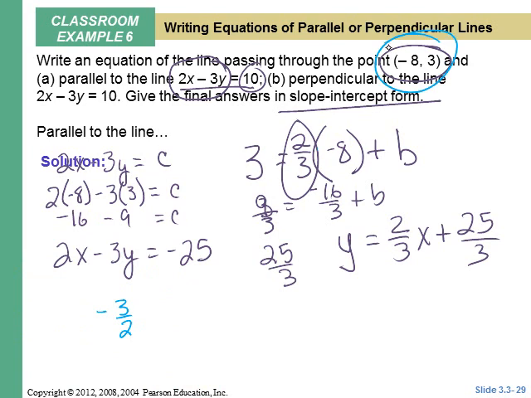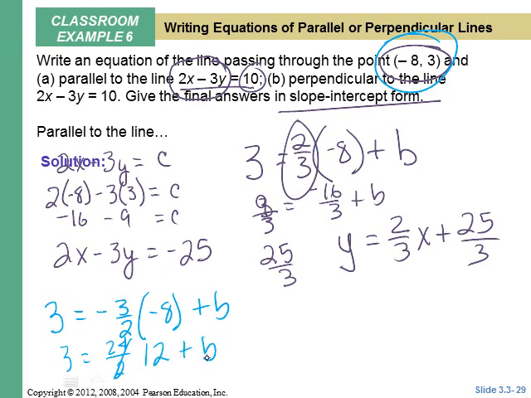Still the same point. 3 equals negative 3 halves of the x, which is negative 8, plus b. 3 equals 24 halves, which is 12, plus b. So subtract 12 from each side.